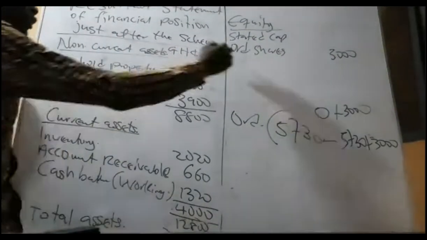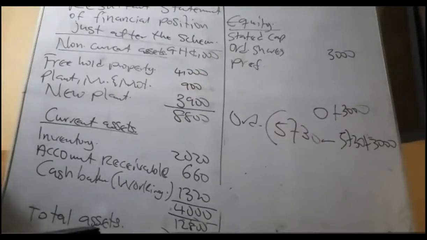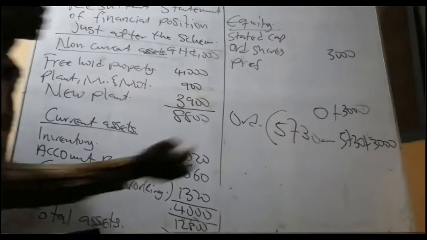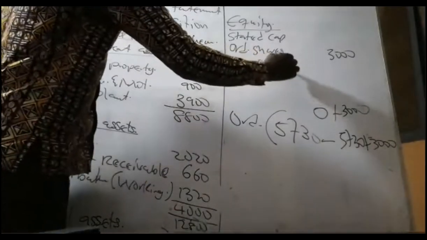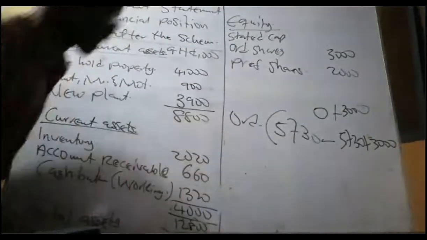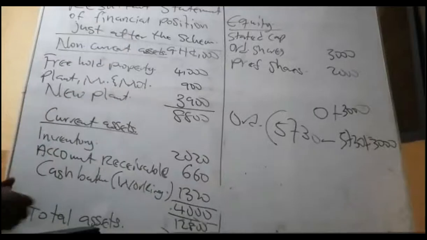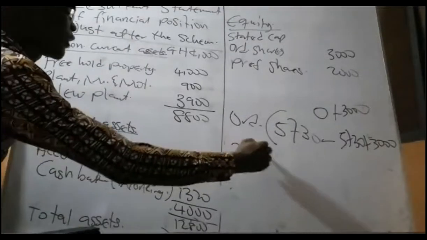Then I'll go to preference shareholders. Them too, they lost everything. And then we asked them to bring what? 2,000 cedis. So 2,000 here. They will also go through the same procedure. Their position before, they had 3,150.